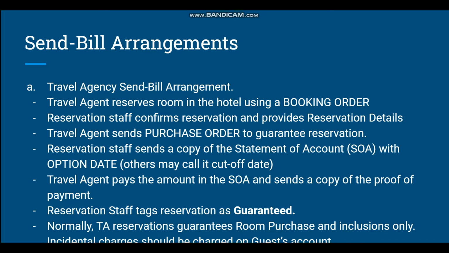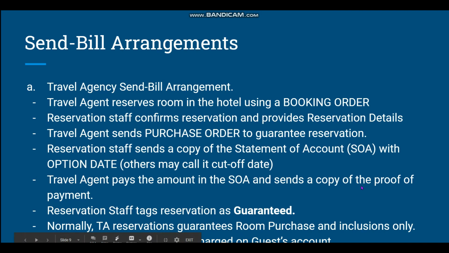So once the reservation has been guaranteed by the travel agent, they normally guarantee the room purchase and the inclusions of the room only. Any other charges, incidentals, or availments of the guests during the stay that are not part of the room purchase or its inclusions should be charged to the guest account and collected upon checkout of the guest.